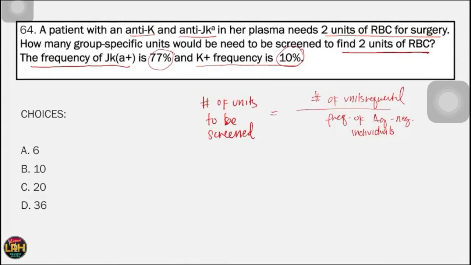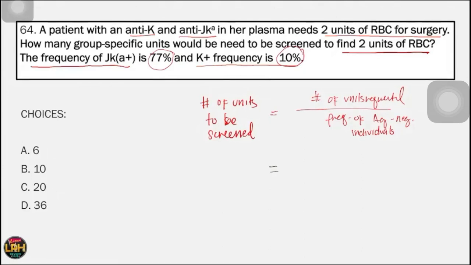For 64, this is similar to the previous one, but what is given here is not antigen negative frequencies or percentages. So what we do is subtract from 100. Again, using the same formula, number of units to be screened is equal to the number of units requested divided by the frequency of antigen negative individuals.